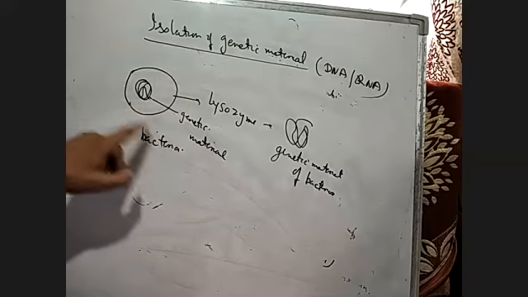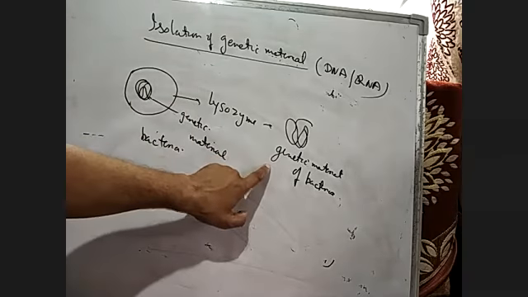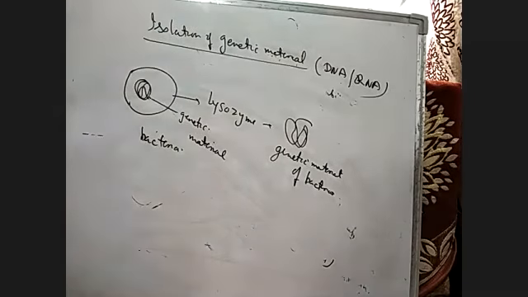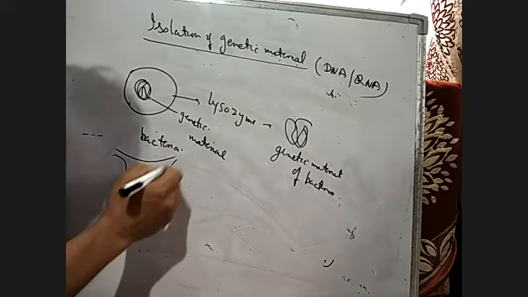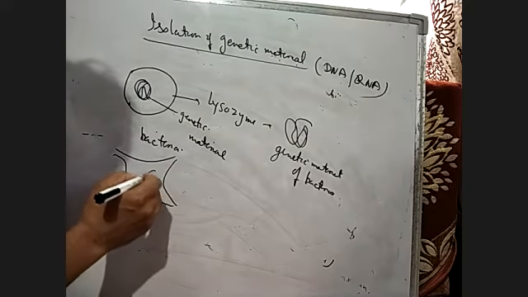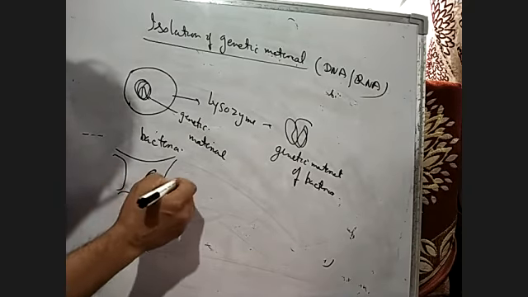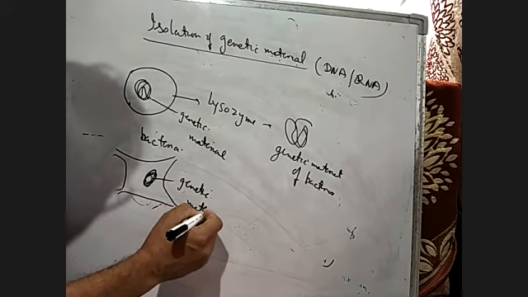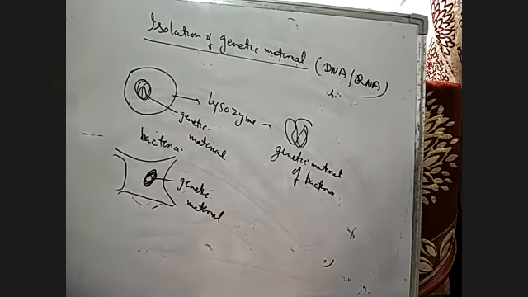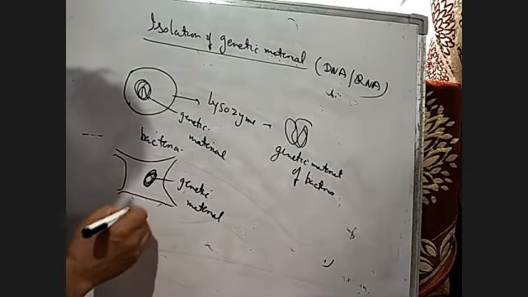Similarly, in the plant cell, the outer membrane will break and the genetic material will come out. Suppose we take the plant cell. This is the plant cell, with its genetic material.